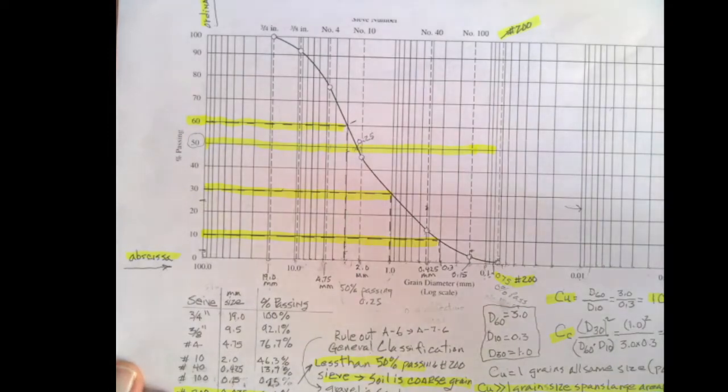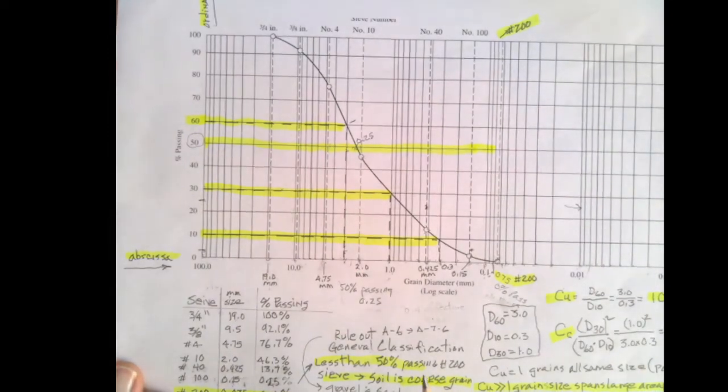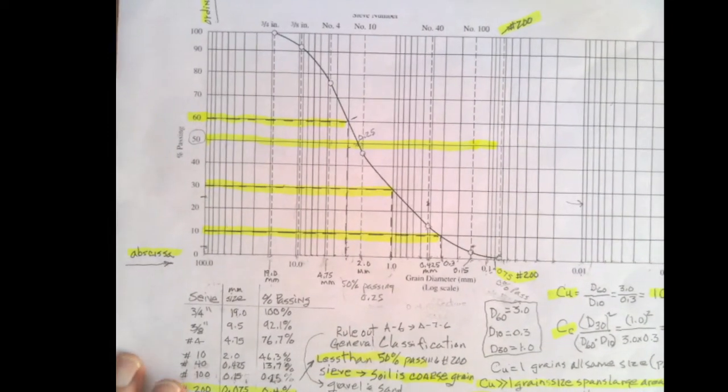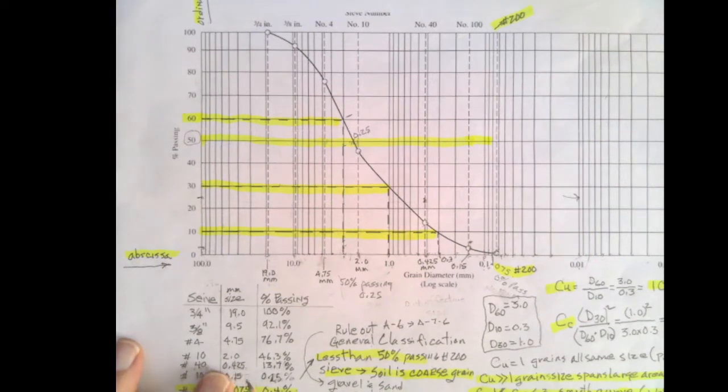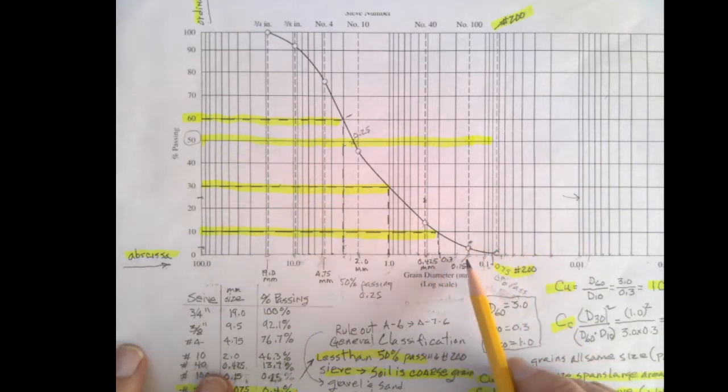All right. Now we've got the number 100 taken care of. We got the number 200 taken care of. Now let's look at the number 40 sieve, which is 0.425 millimeters with 13.9% passing. 0.425 is going to be, this is 0.1, 2, 3, 4, 2, 5 right here.